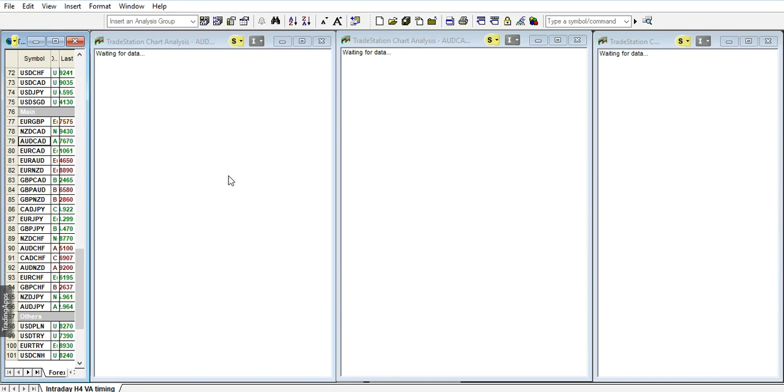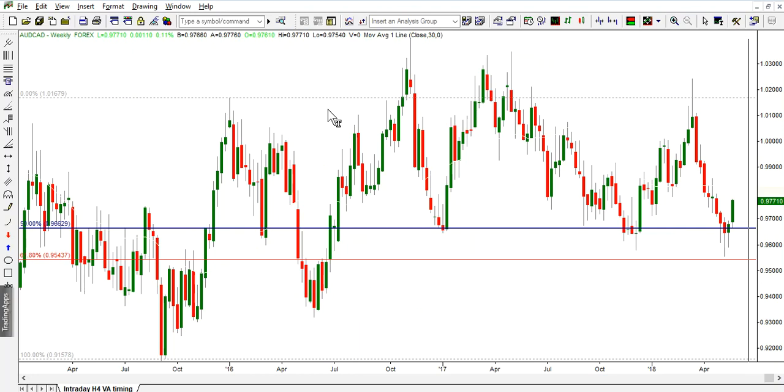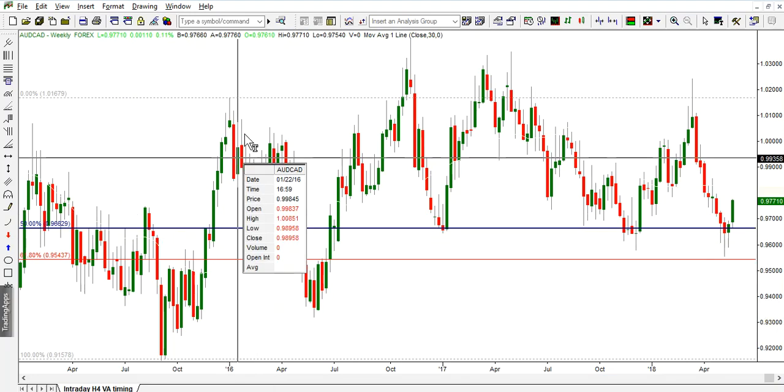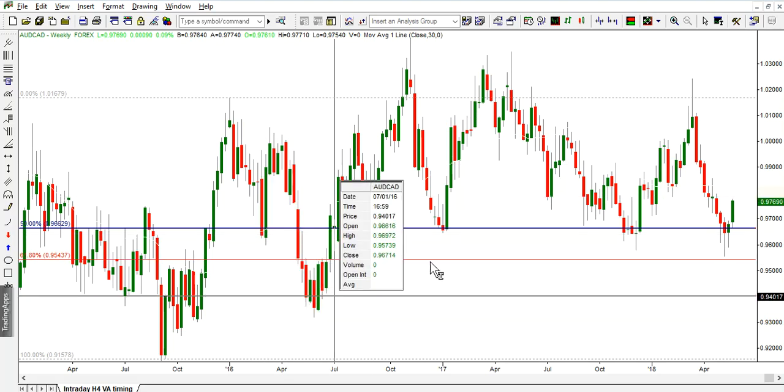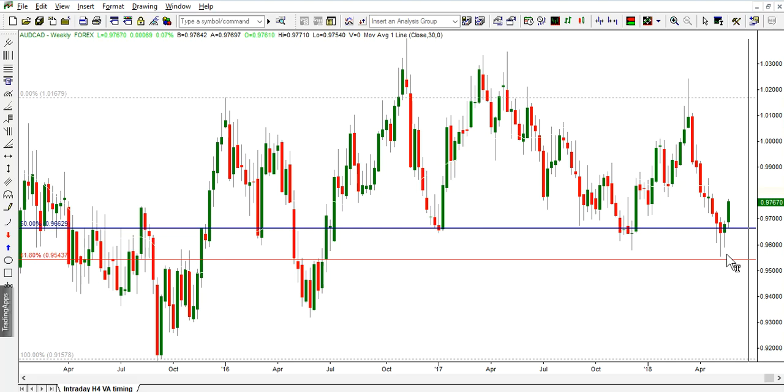Australian dollar, Canadian dollar here, a similar situation because of the strength in the Australian dollar and Canadian dollar weakness here. So this market has traded a 50% as well, which was the lows to highs here, has not held. The 61% level was respected.